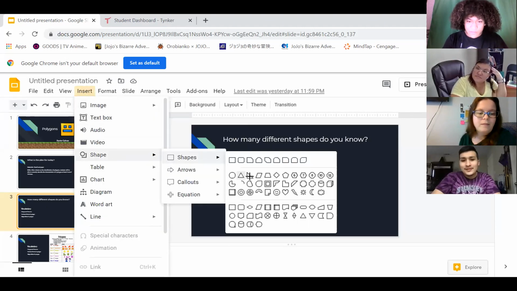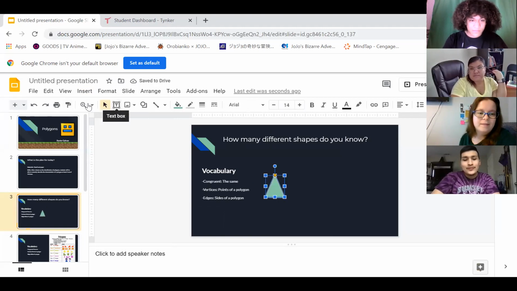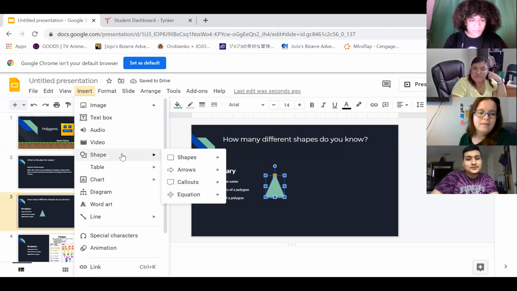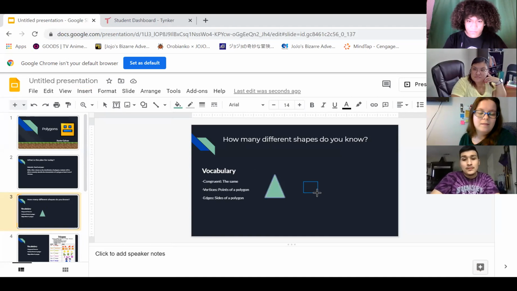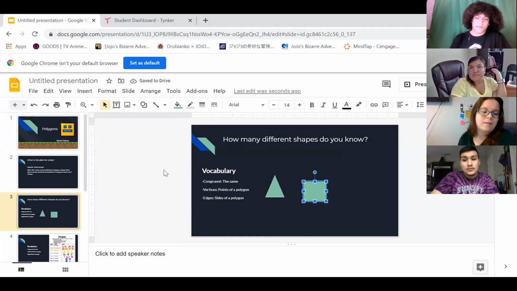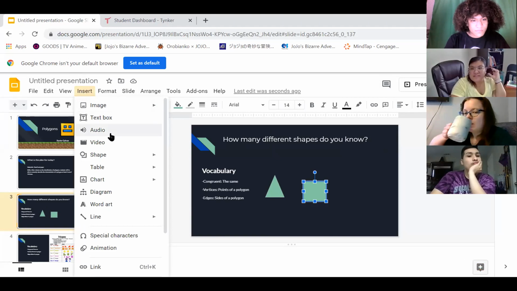Triangle. Square and a triangle. There's a circle. Anybody else? Any other shapes? Circle, okay. Rectangle.